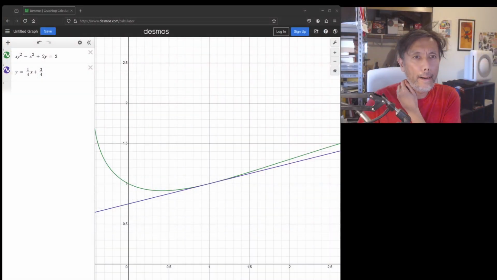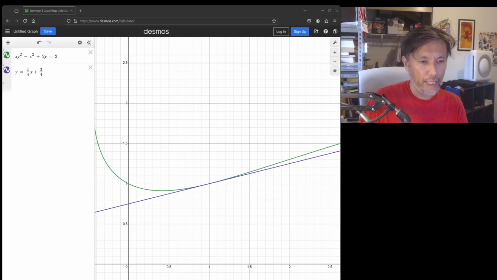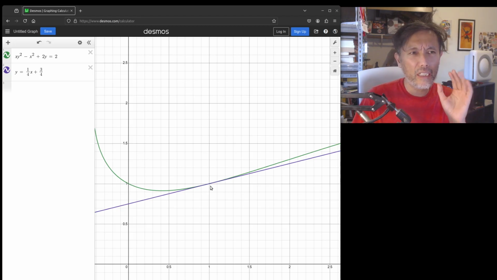Remember when we were talking about this crazy curve here, I made a mistake, because I said you can get at the rate of change in y when x is equal to 1 by looking at this tangent line here.